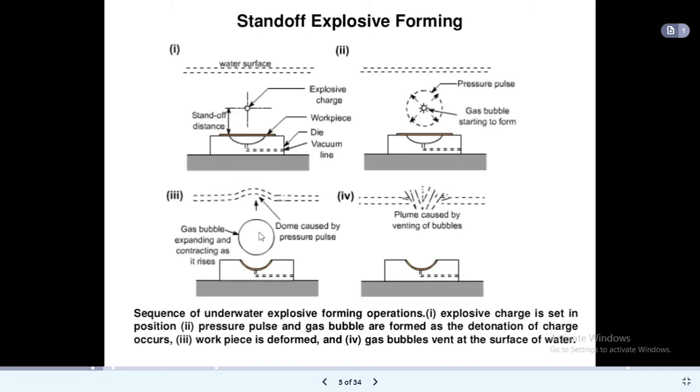Due to this high velocity pressure pulse and the gas bubble, pressure is applied on the workpiece, and the material gets deformed. In the third image, the workpiece is filled inside the cavity of the die, and the waves also travel in all directions of the container.